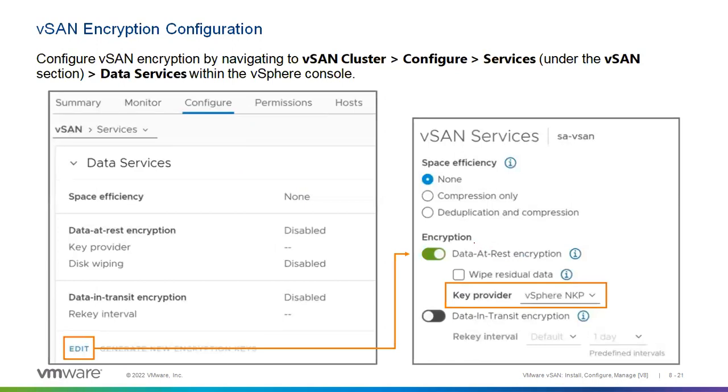So once you have registered the NKP, go to configure with your vSAN cluster. Click configure, add it, and add the key provider. So with the vSphere NKP, click here, and you will get the external one as well. If you want to enable data-in-transit encryption, it does not require any key provider.